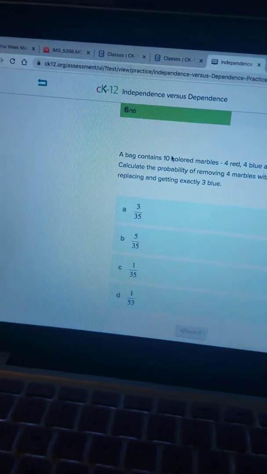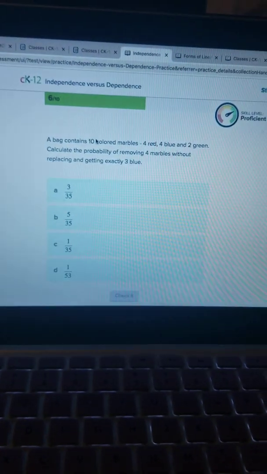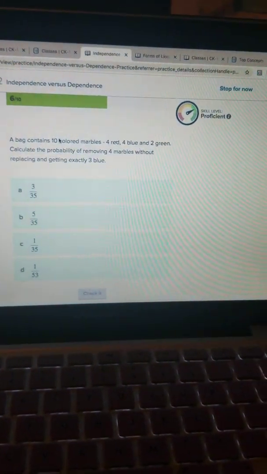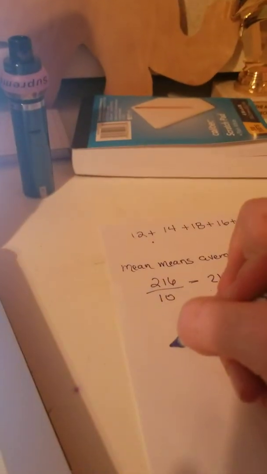No, that is not an answer up there, even if I wrote it on my desk. Okay, so exactly 3. All right, let's try it this way.